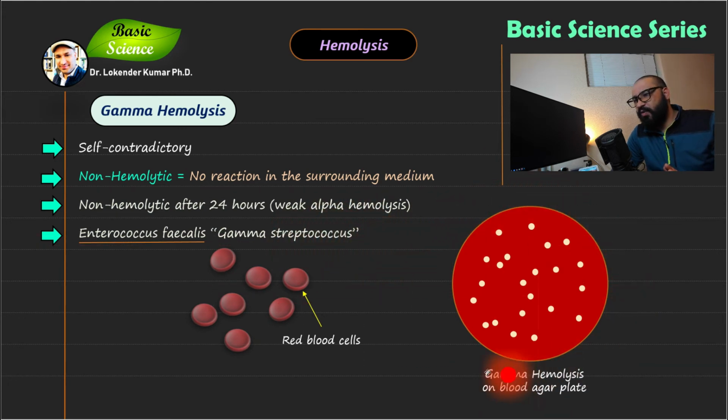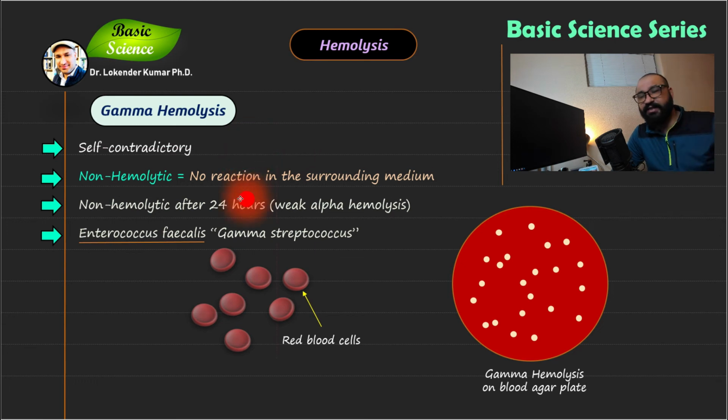So I don't know why it has been characterized as a gamma hemolysis, because there is basically no hemolysis up until 24 hours, and maybe there is some weak alpha hemolysis after that. So this definitely needs some update to rename this kind of hemolysis.